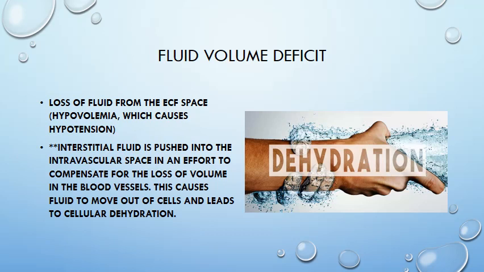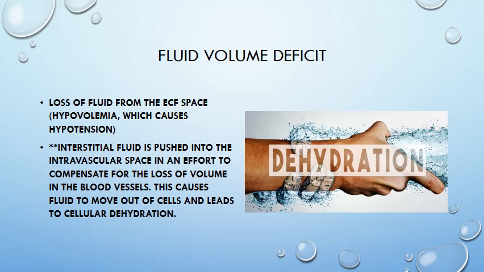Remember we said hypovolemia, that's low blood volume. If we don't have blood going through our veins, then we know we're in bad shape. So our body says, hey, we've got to fill up our vessels so that we can have fluid running through there, keep our blood pressures up, right? So it pulls the fluid from the interstitial space into the vascular space.